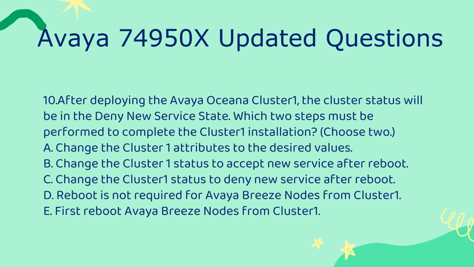B. Change the Cluster 1 status to accept new service after reboot. C. Change the Cluster 1 status to deny new service after reboot. D. Reboot is not required for Avaya Breeze nodes from Cluster 1. E. First reboot Avaya Breeze nodes from Cluster 1.